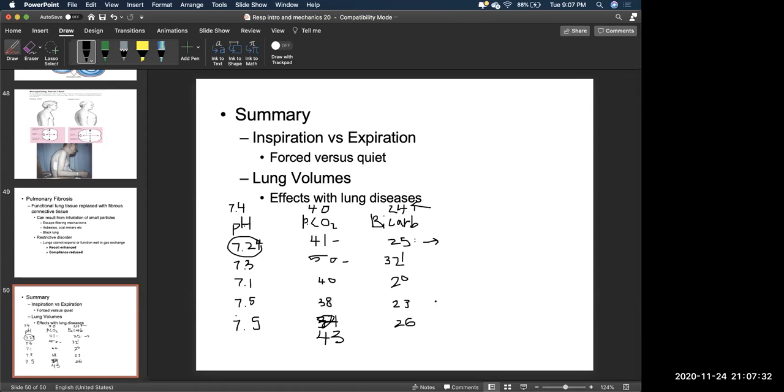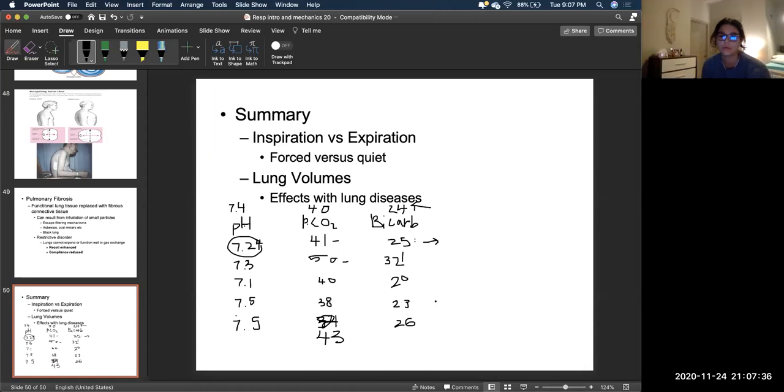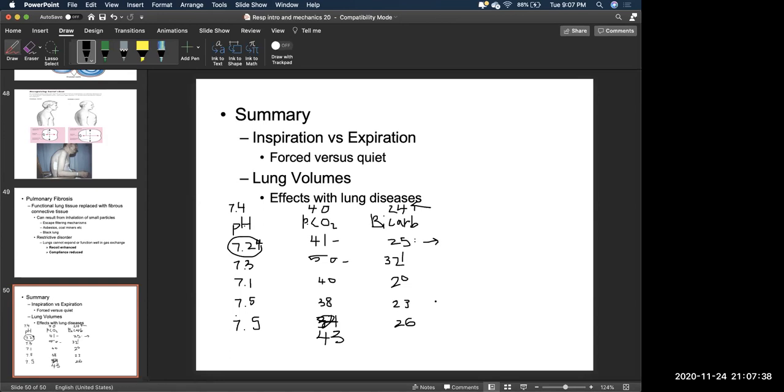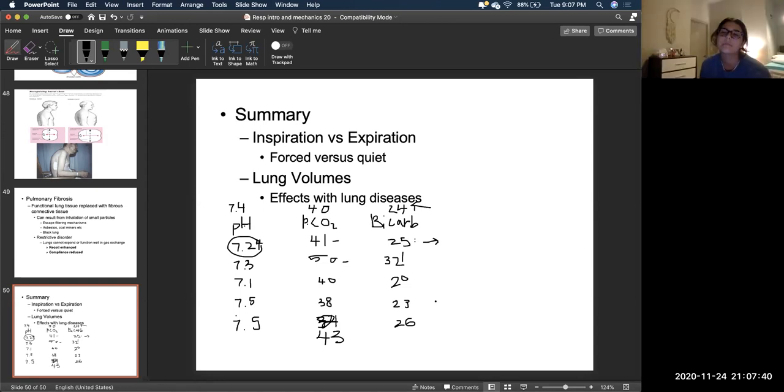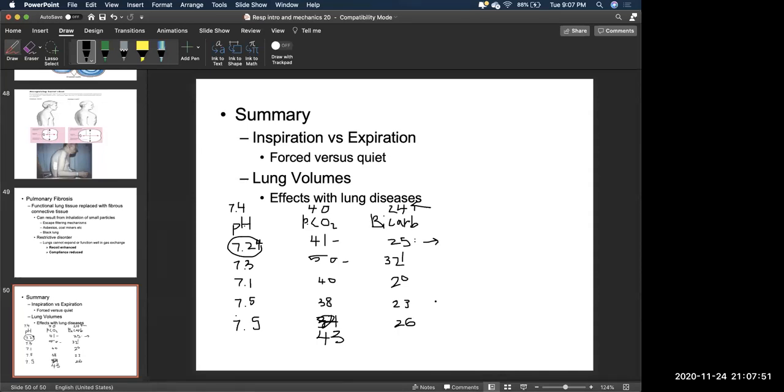Good question. Decrease, to retain the CO2 to make it more acidic. So that'll be hypoventilating? Yeah, you're decreasing your respiratory rate to retain more CO2 to make you more acidic, to bring you back. Yeah, that's perfect, 100%.